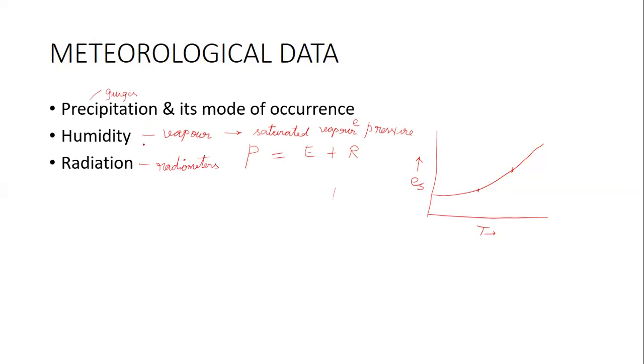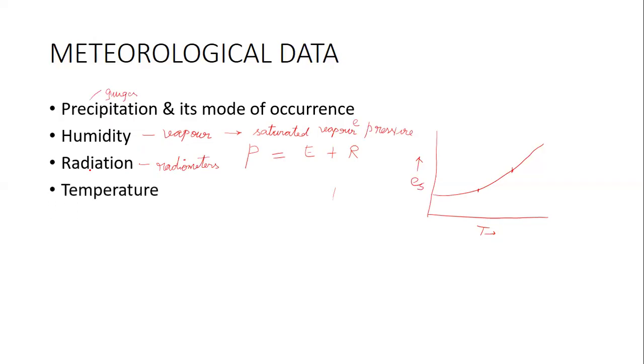So there are many equipments available which give you the humidity of a particular region. And as far as radiation is concerned, radiometers are used to measure the incoming as well as outgoing radiation, and hence we record the net radiation.